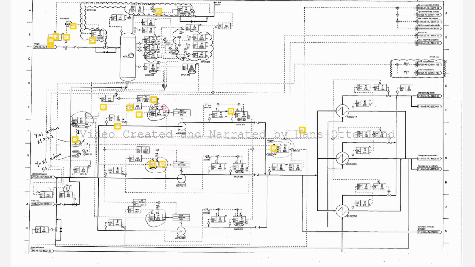The vessel is partly filled with cooling medium, and on top of the liquid there is a pressurized atmosphere of nitrogen, which comes in here. This vessel works like an expansion tank for the cooling medium loop.